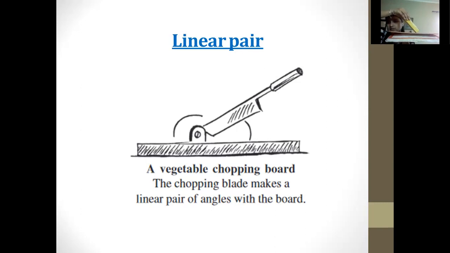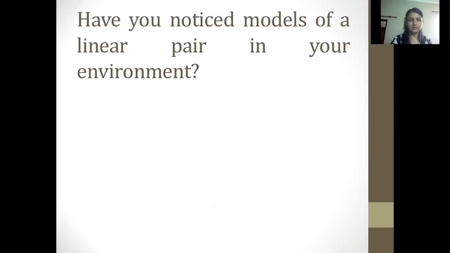The angle formed in between would be the angle of a linear pair. That means the angles which make a line by combining two angles are considered a linear pair.